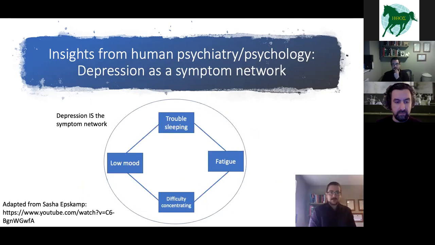In the last 10 years, this alternative approach has been promoted, called the network approach to psychopathology, or the network theory of psychopathology. Basically what it says is that there's no reason to invoke this concept of a latent variable.